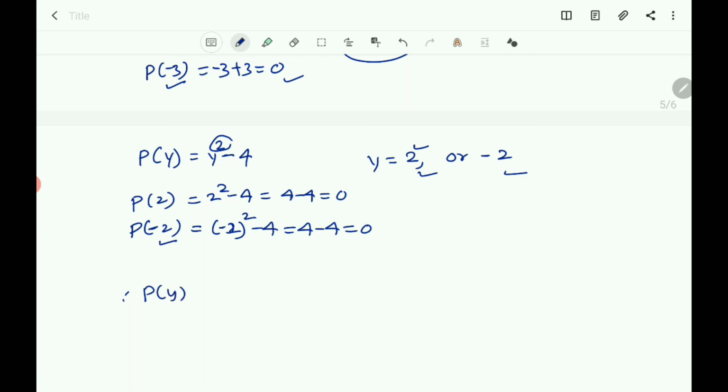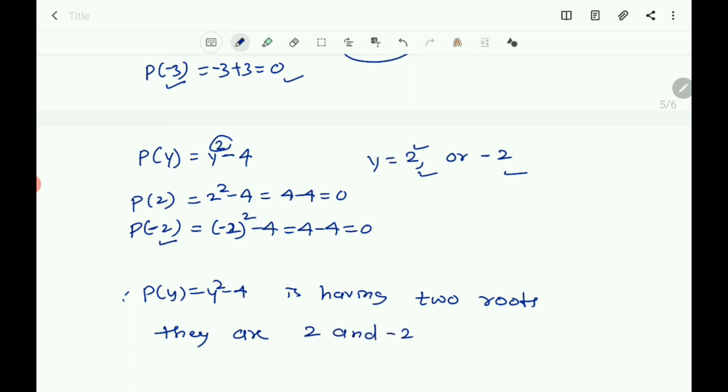Therefore, p of y equals y square minus 4 has 2 roots or 2 zeros, 2 and minus 2.